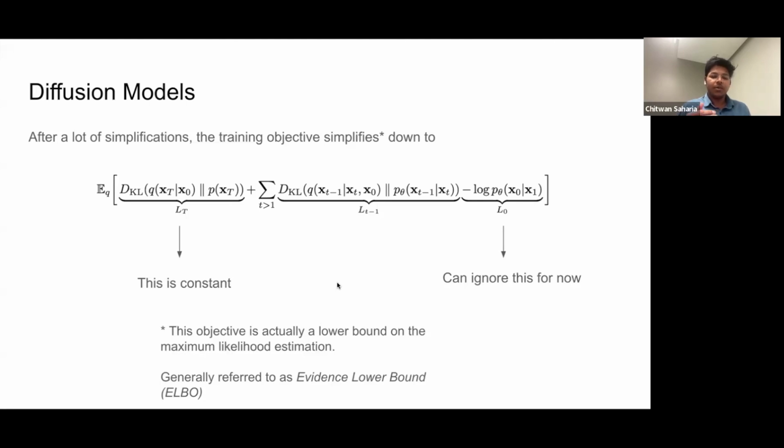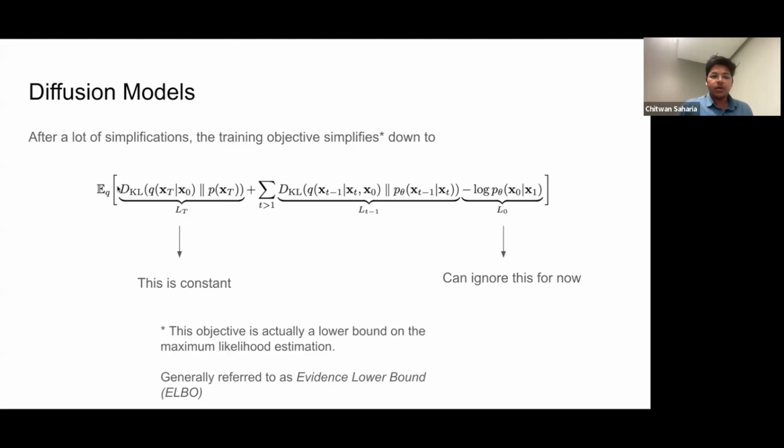So we'll have to approximate the lower bound on the maximum likelihood estimation. And this is what that lower bound looks like. Generally, this is the case with a lot of maximum likelihood models where we're not able to estimate it exactly, so we try to optimize the lower bound. And maximizing the lower bound is fine, because if you maximize the lower bound, you're also maximizing the original function.